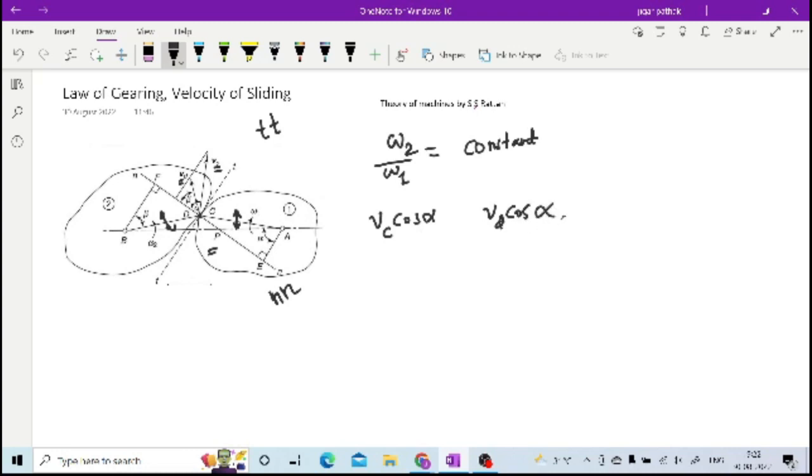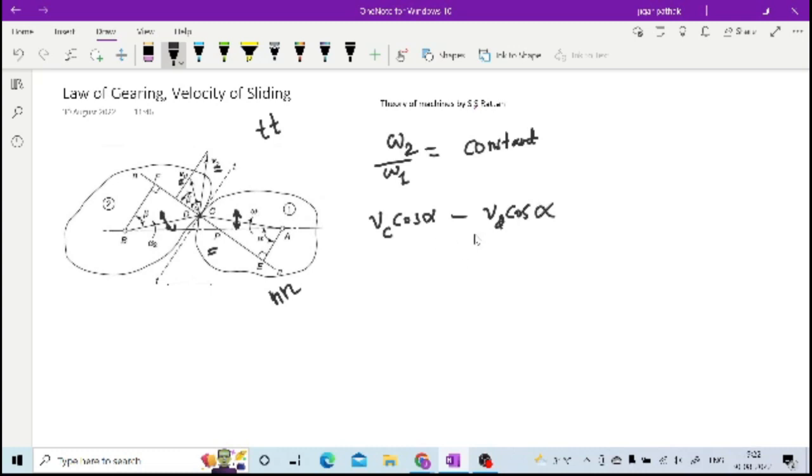Now consider the relative velocity VC cos alpha minus VD cos alpha, in order to check whether there is any penetration, either point C into gear 2, or point D into gear 1.